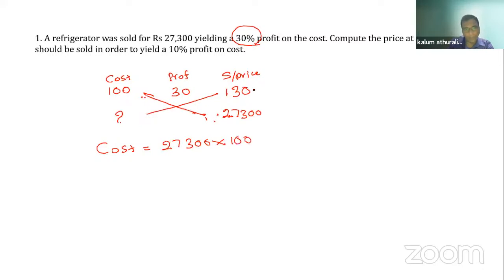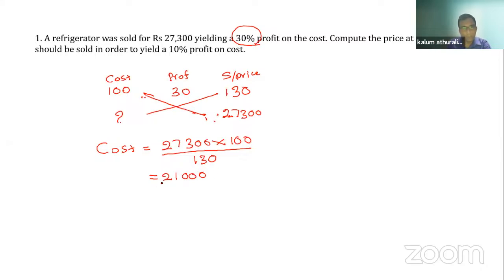The other side has no value, so the ideal one is 130, and you divide by that value. Finally, you get the cost using the calculator. The value is 21,000 rupees.